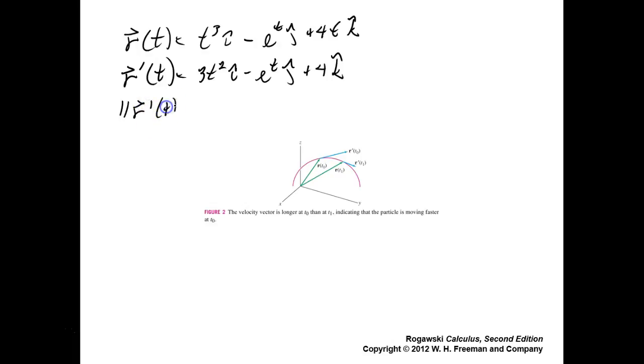That would be the square root of 3t squared, quantity squared, plus minus e to the t, squared, plus 16.